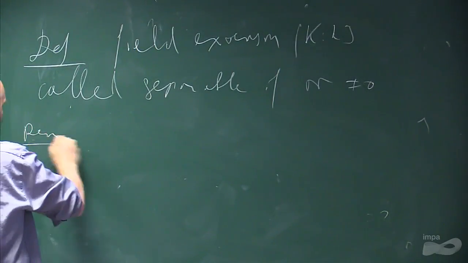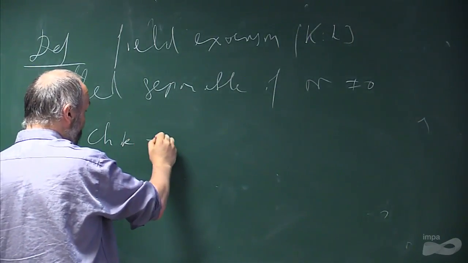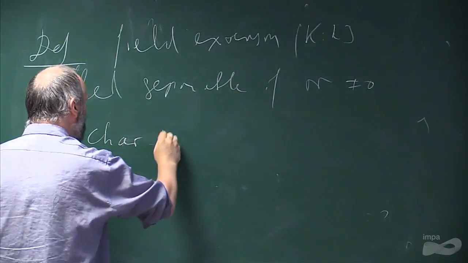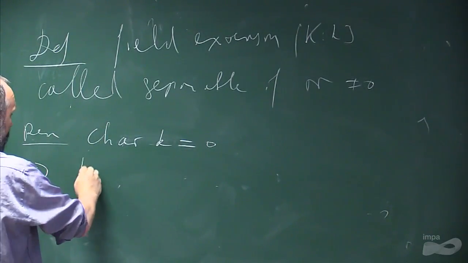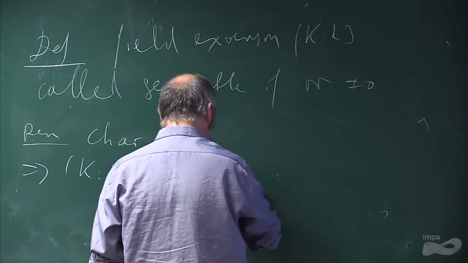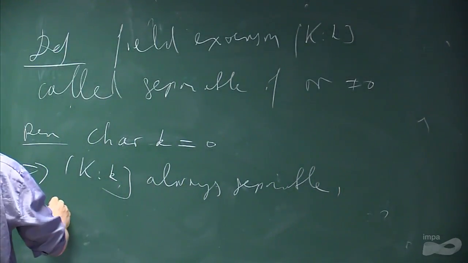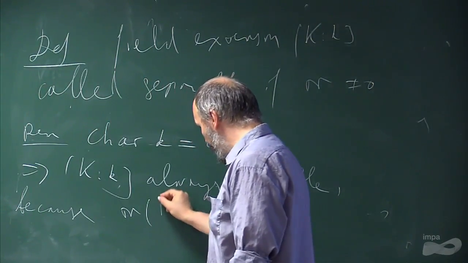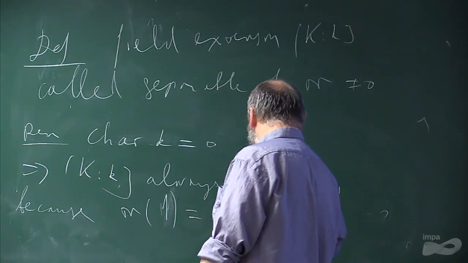So, remark: if the characteristic of k is zero, not p, then K over k is always separable, because the trace of the identity, or just the unit, is the dimension of K over small k.